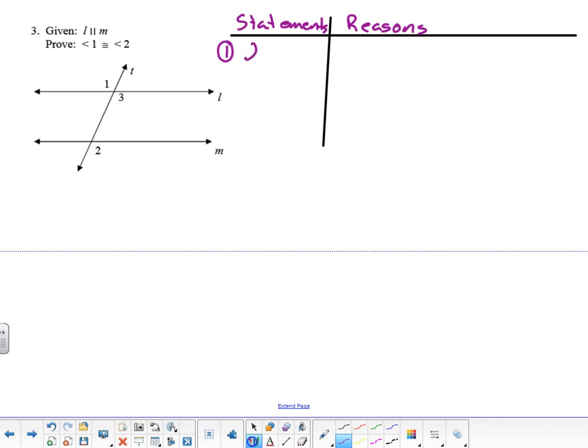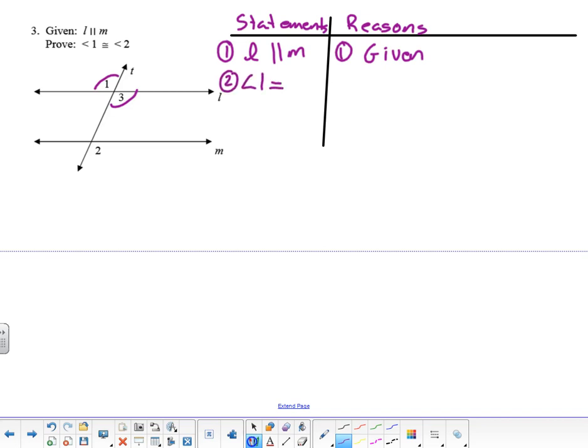We've got L parallel to M, which is given to us. Now the next thing I'm going to do is my freebie, and my freebie is that 1 and 3 are vertical angles.